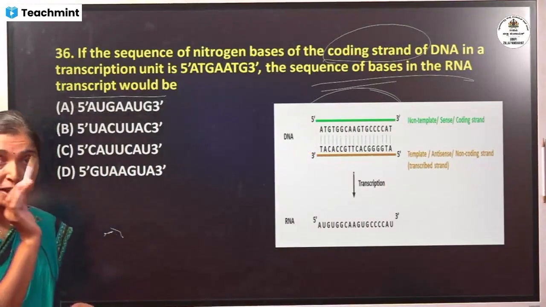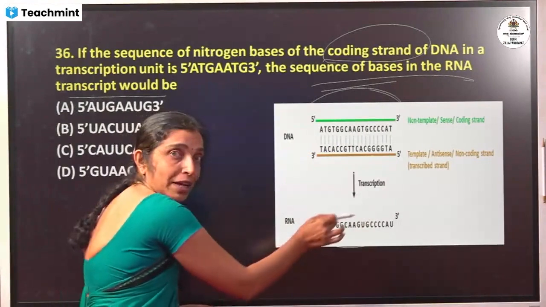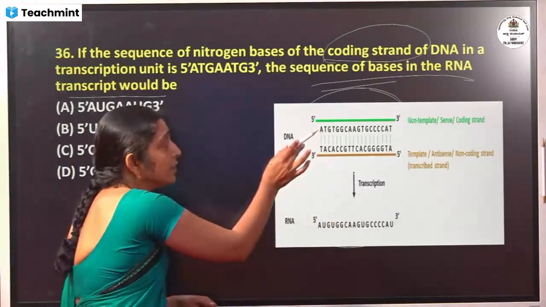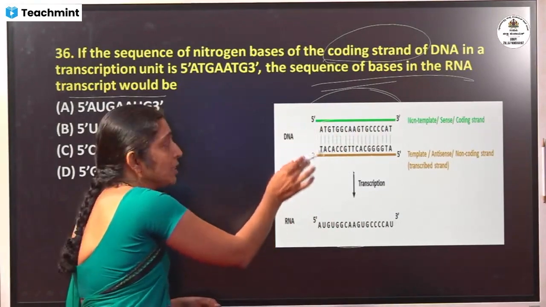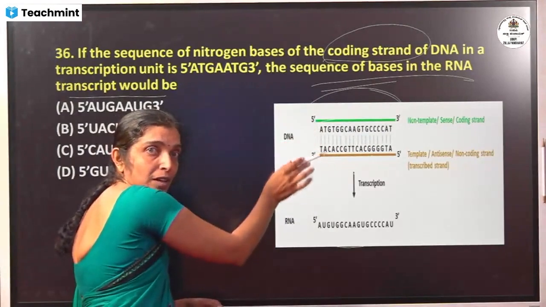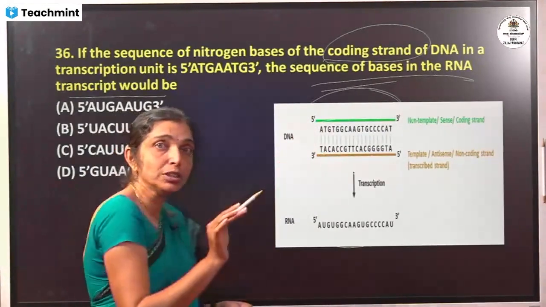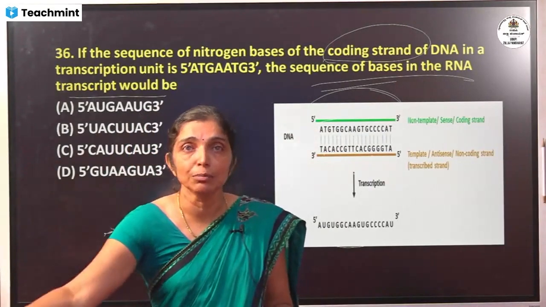So the RNA transcript will have a sequence just like that of your coding strand, because the coding strand and the non-coding strand are complementary. Actually, the non-coding strand is the template strand, which is going to be transcribed into RNA.